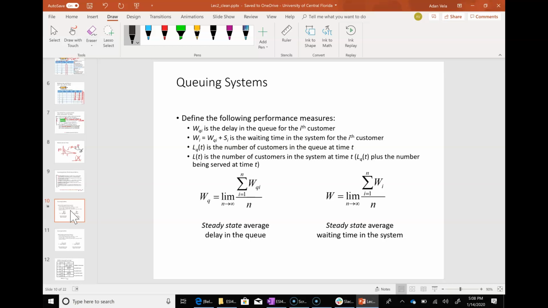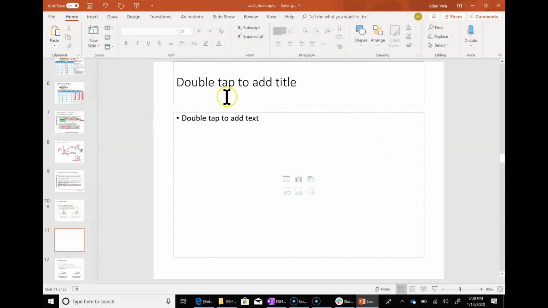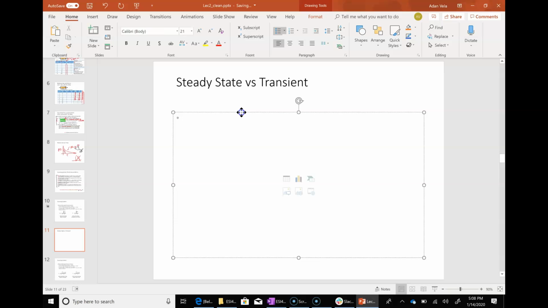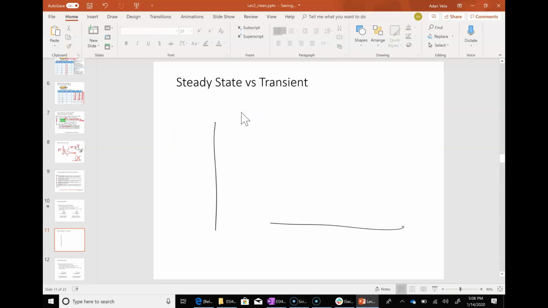So what do we mean by steady state? We normally talk about systems existing in 2 different modes. What's the other one? Transient. Okay. So let's say my McDonald's is closed. And what I'm going to plot here is the number of customers in line.